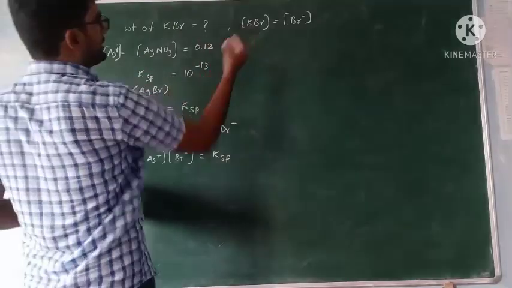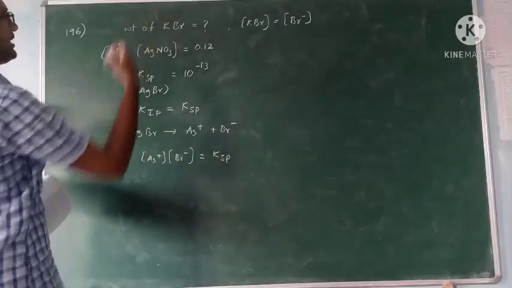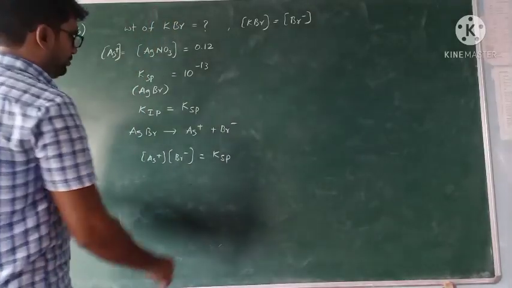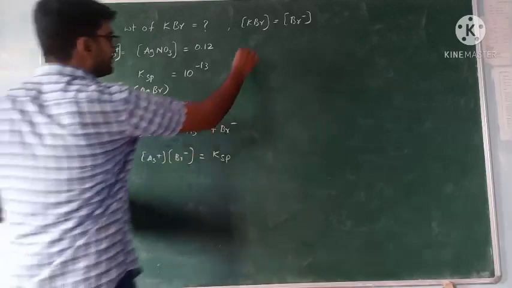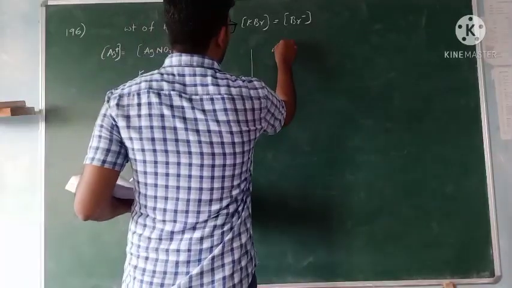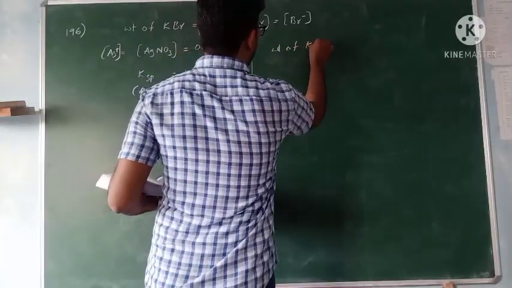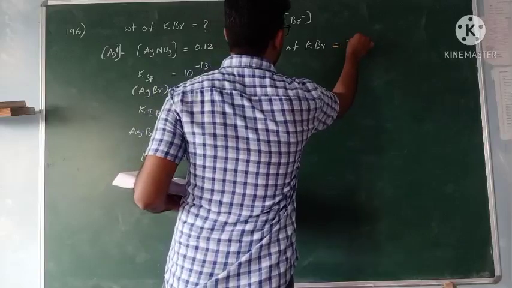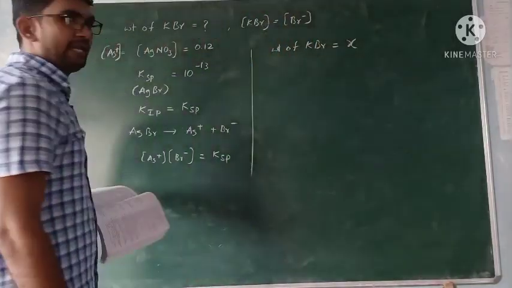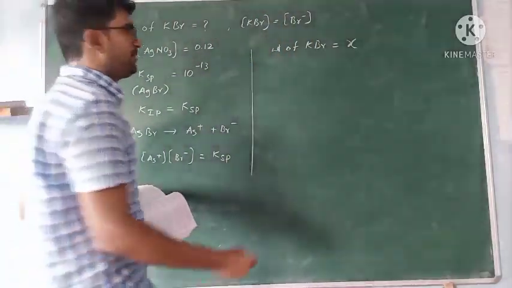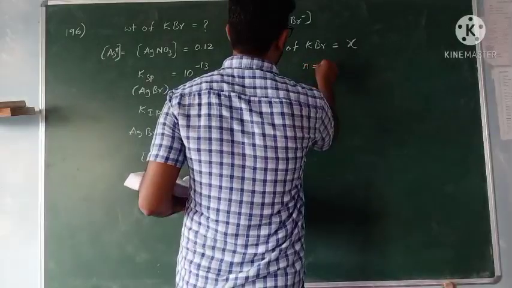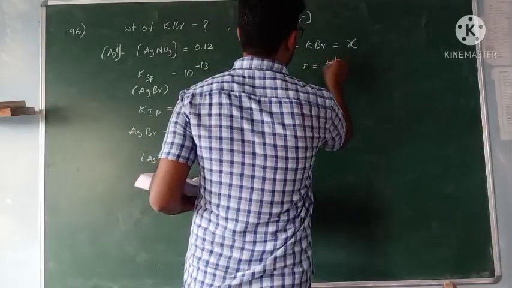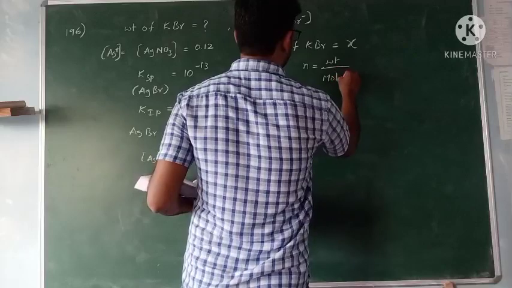Okay, but we don't know the concentration. We don't even know the weight of KBr. Now, the weight of KBr is taken as X. Then concentration is number of moles, so M is equal to weight by molecular weight.